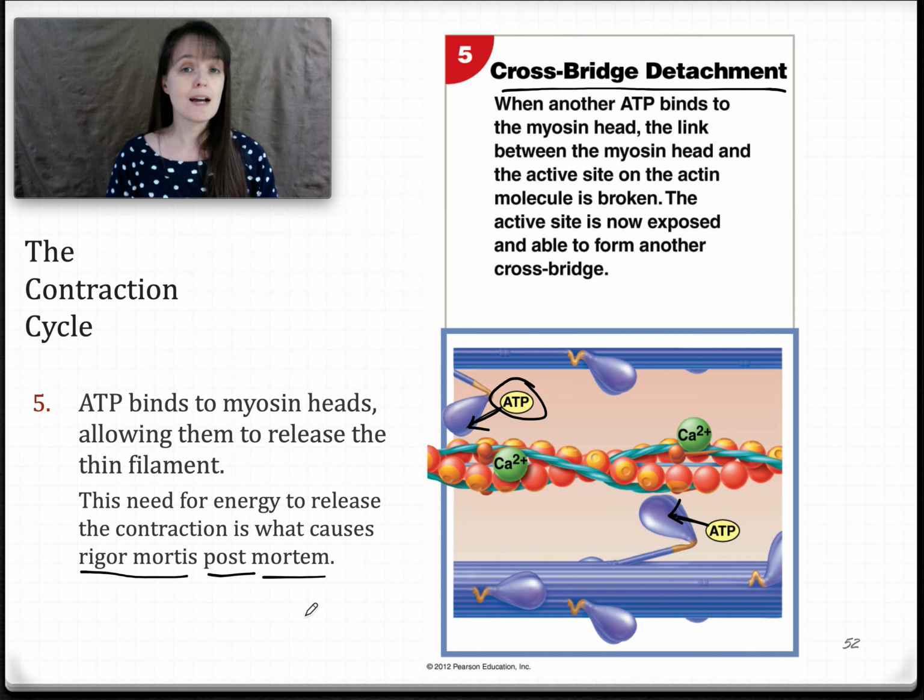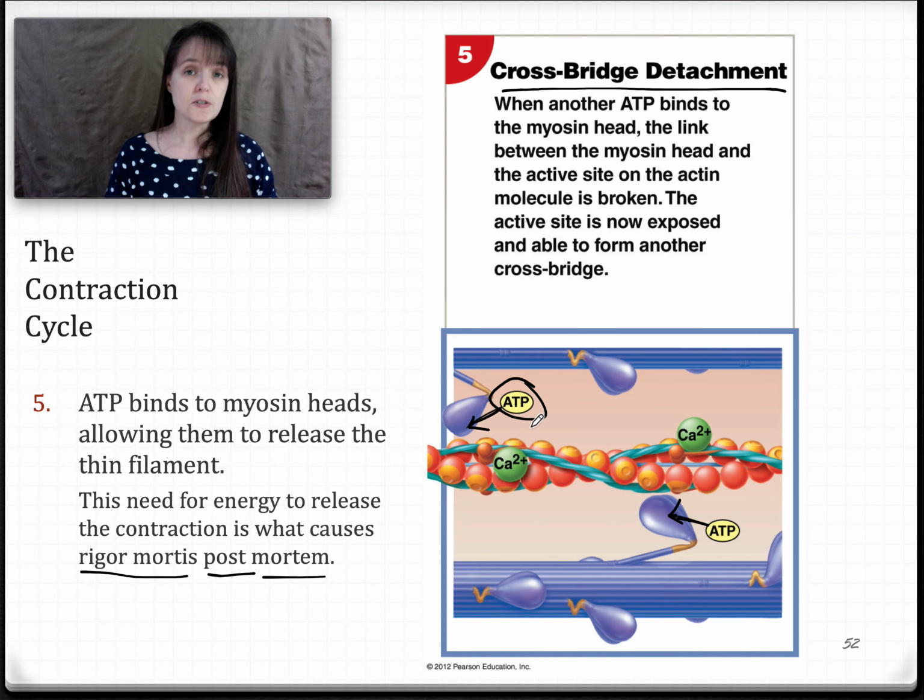And it lasts for, again, several days, depending on temperature and humidity. What happens is that after death, the body stops making new ATP. Eventually, you run out of ATP, and the myosin heads can no longer detach, and that's why the muscles get stiff, stuck wherever they are.